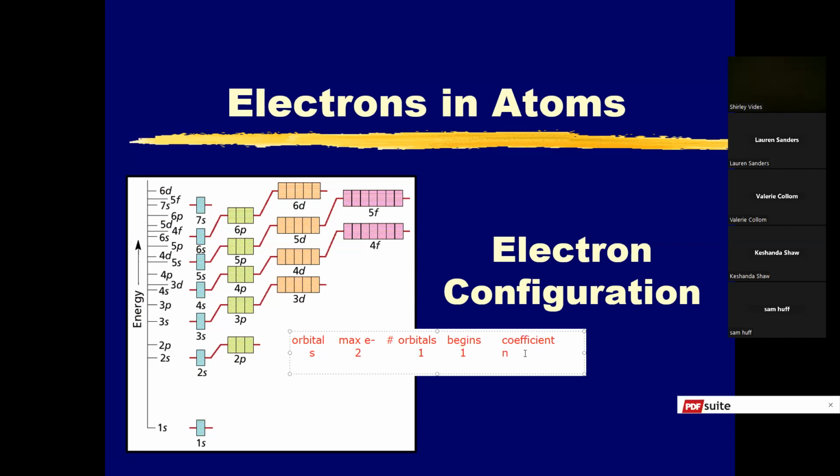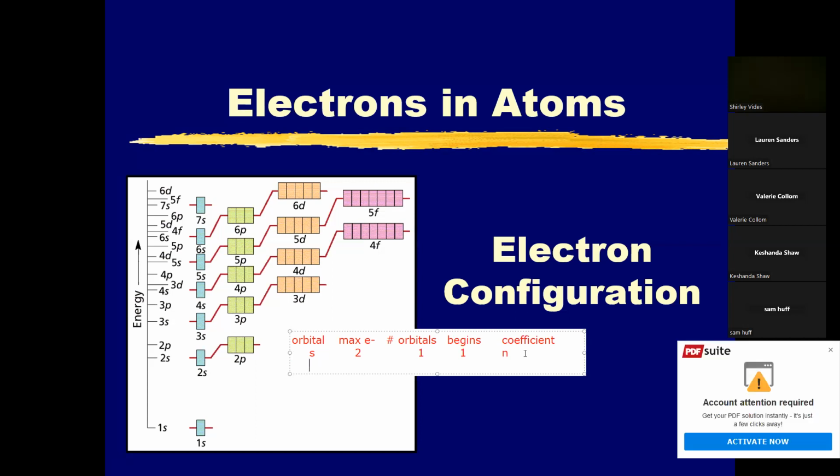All right, next one. The next one is P, orbital type P. The maximum number of electrons is 6, which tells me that there are 3 orbitals. And it begins in period 2. Okay, and the coefficient is still N. All right, next one is D. D is 10.